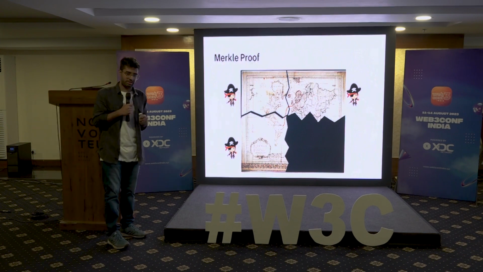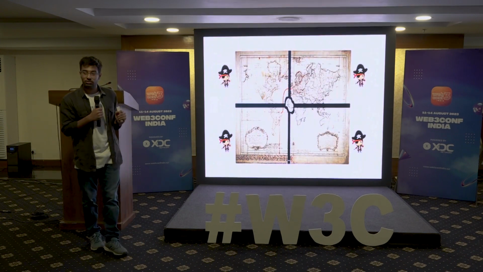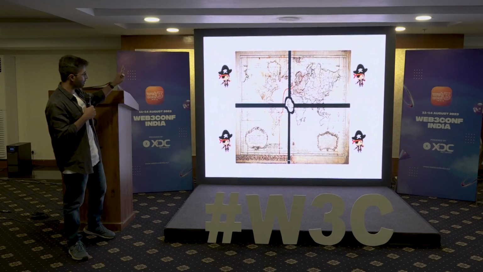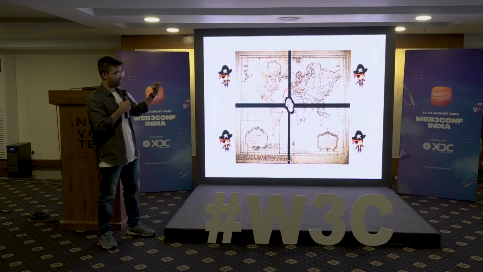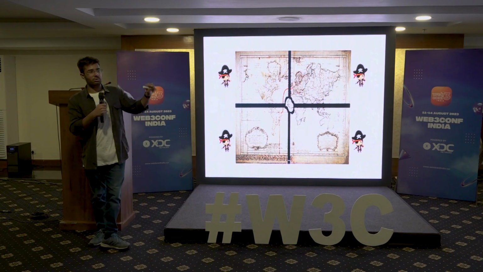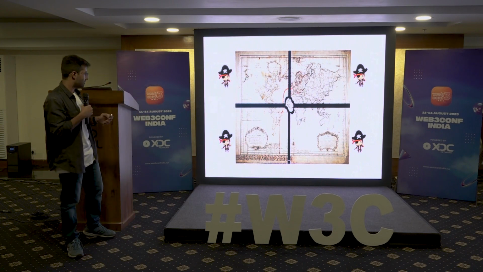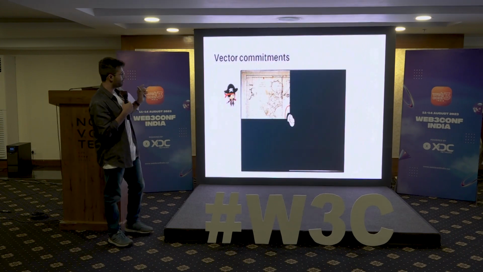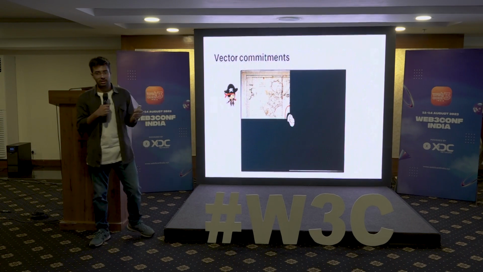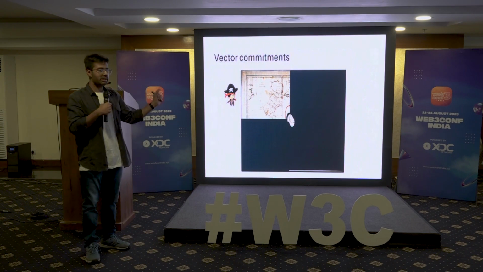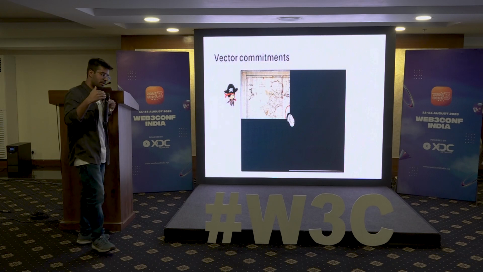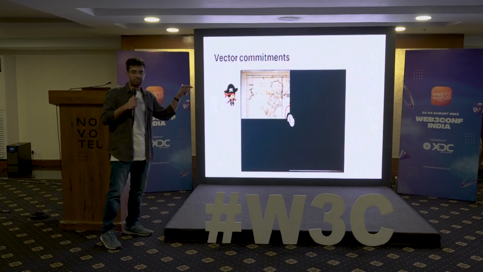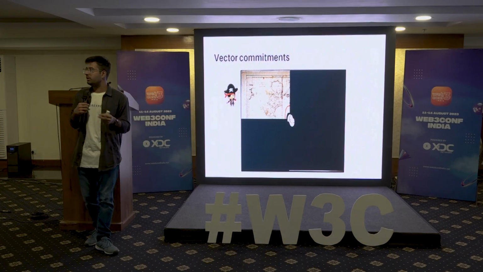Can we do better? So Verkle proofs is something like this, that you take out a very small piece from between, and you then split it into 4 parts. So now if you want to prove it using a Verkle proof, you just need this middle part. Of course, you might think that this is a very small part, but this is just an analogy.